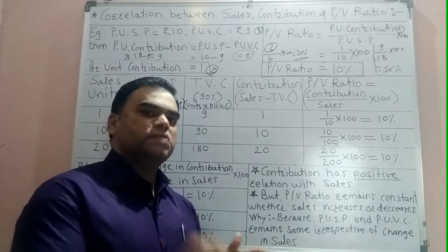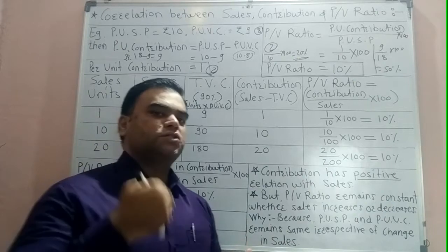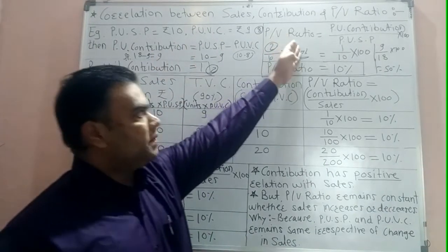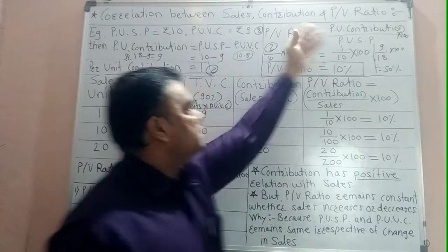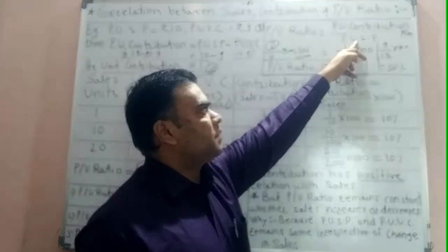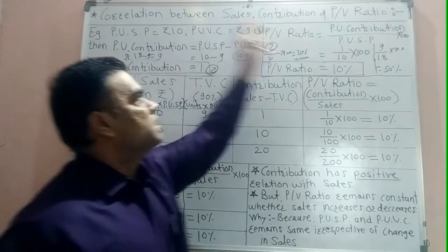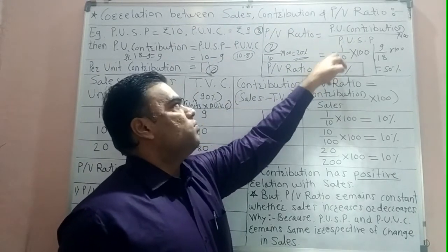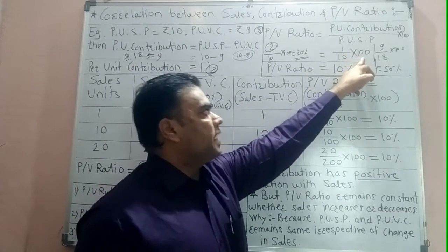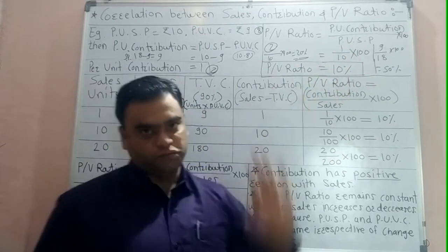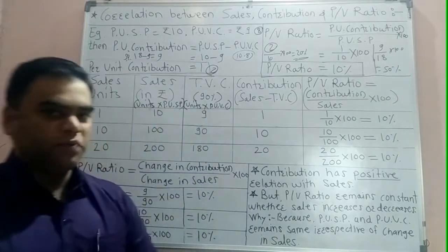So PV ratio will be per unit contribution, which is rupee 1, upon per unit selling price, which is rupees 10. So 1 upon 10 into 100, then 10% will be the PV ratio.